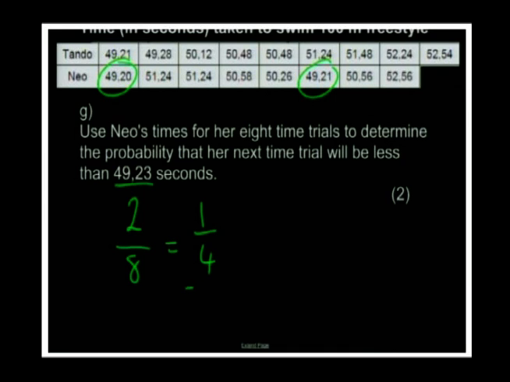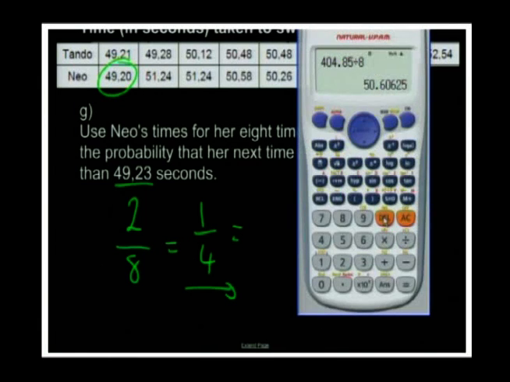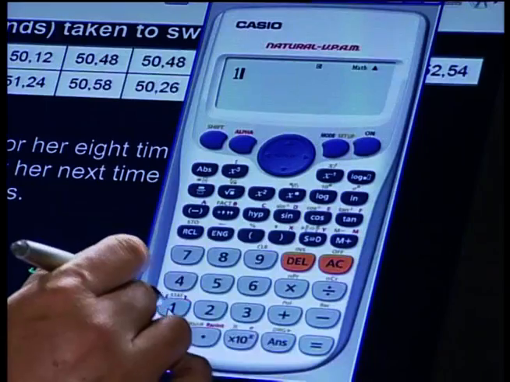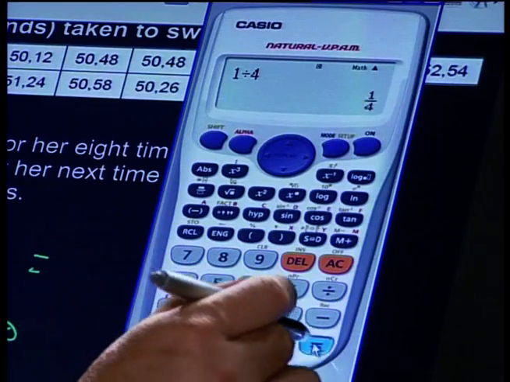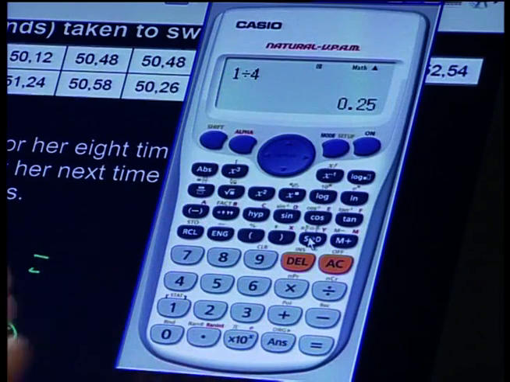So according to this, the probability that her next time will be less than that is 2 over 8 or 1 over 4. Okay? Now, with probability, remember, we can write probability as a fraction, as a decimal fraction, or as a percentage. So how would we do that? If I've got 1 over 4 as a decimal, all I need to do is say 1 divided by 4 equals 0,25.